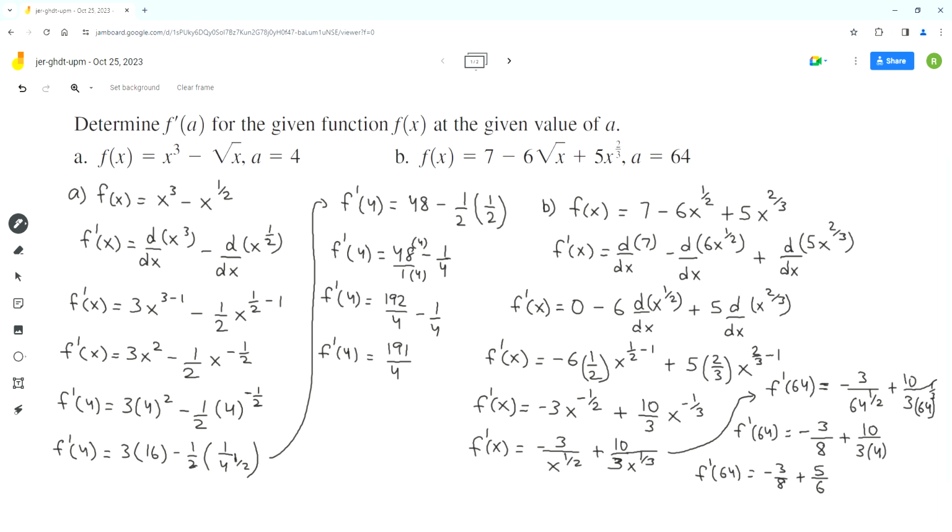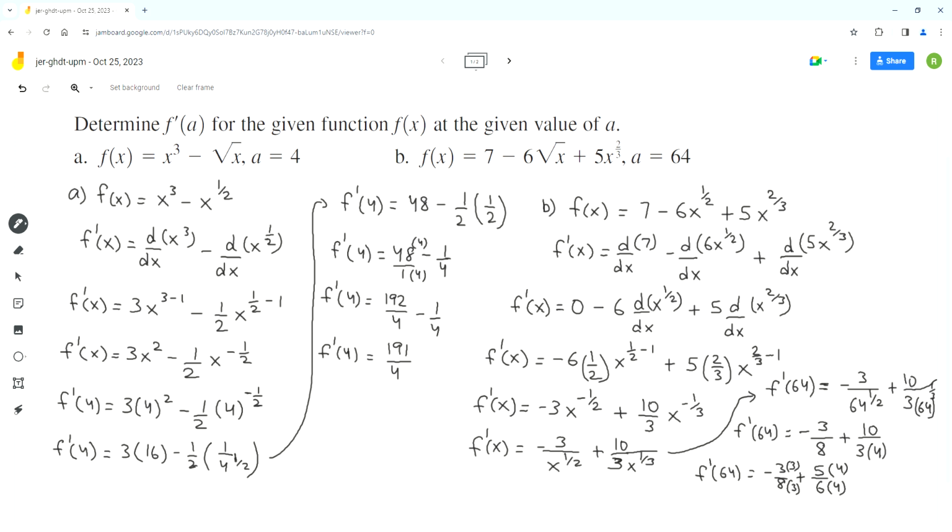And now we can add these two fractions, and for that we have to find a common denominator. So the common denominator here will be 24. So we'll multiply the first fraction by 3 in the numerator and the denominator, and we'll multiply the second fraction by 4 in the numerator and denominator.